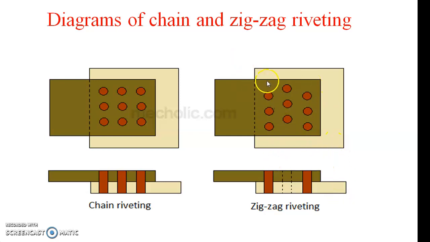So for these holes, the nearest margin is this, but in the third row, the nearest margin is this. So the distance from the hole center to the straight edge is called marginal pitch.